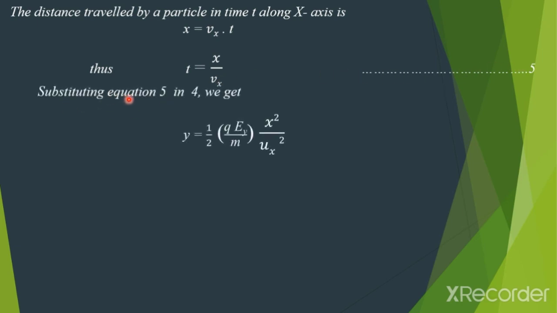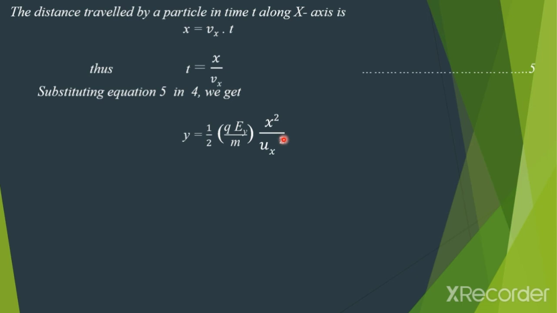Now substitute equation 5 in equation 4. By putting the value of t in equation 4, we get y equals half Q Ey divided by m into x square divided by ux square.